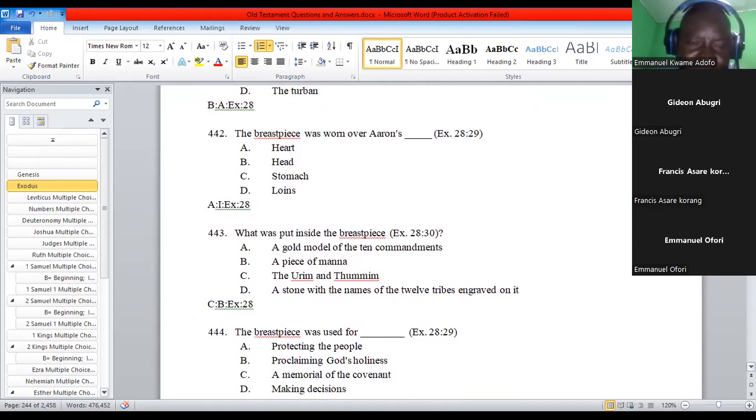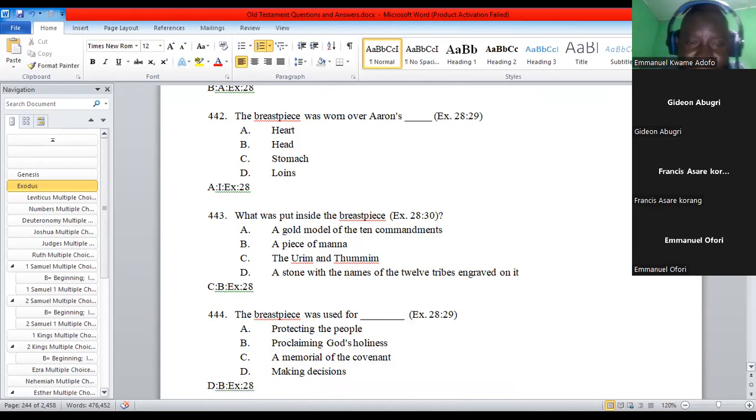The breastplate was used for what was it used for? He said, the memorial of the covenant. It was for making decisions. So when he put on the breastplate, he goes before God to take decisions for the people.